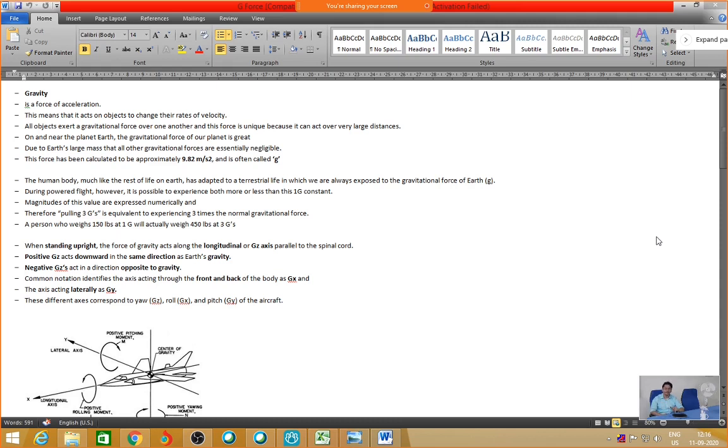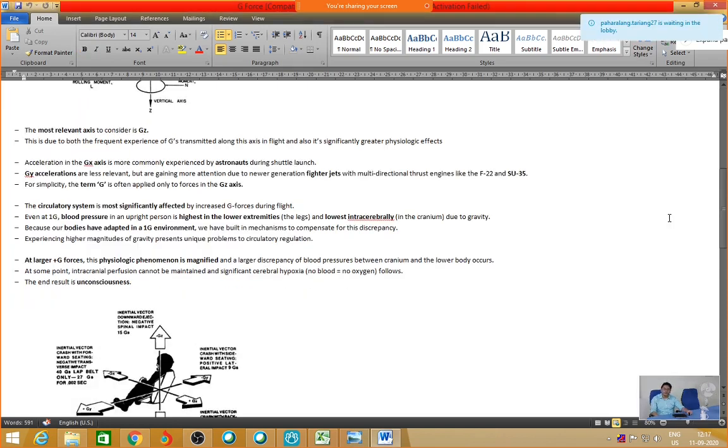The Y axis is the lateral axis going through the airplane, and the Z axis is the axis along which the pilot or the passengers are sitting. The most important axis that we should deal with is the GZ axis, that is the axis through the spinal cord of the human being. This is the general orientation with which we sit in the airplane.